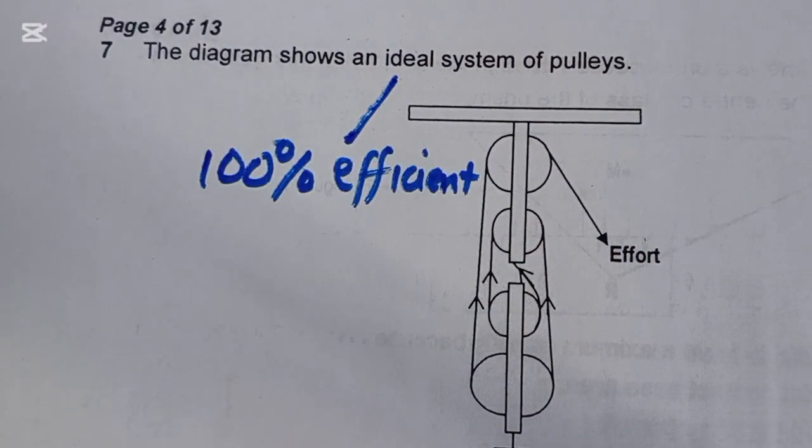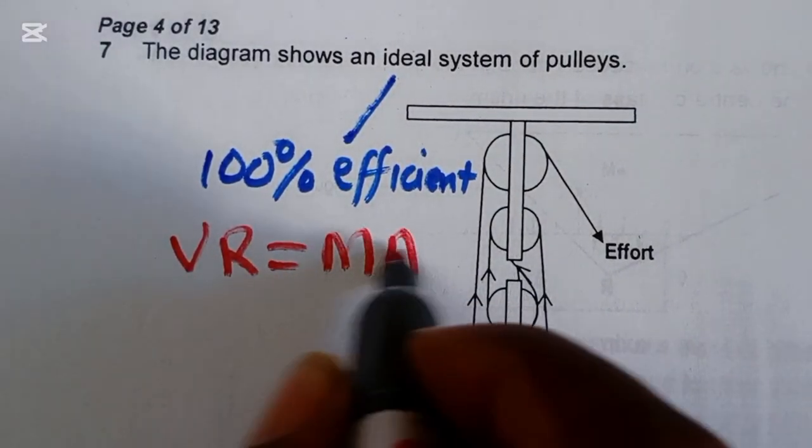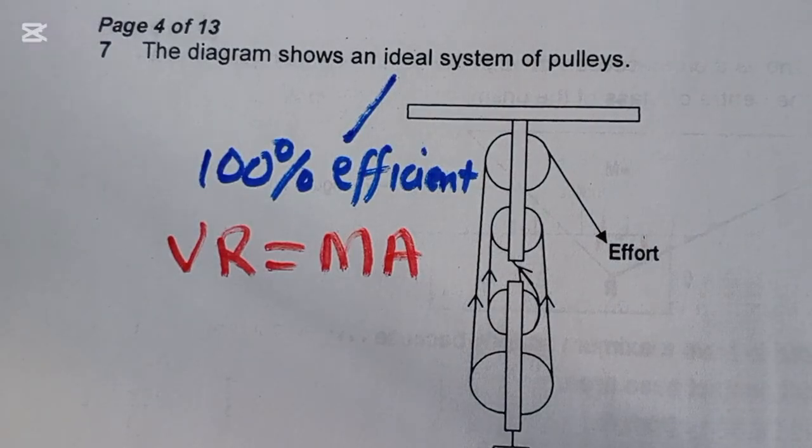If it is 100% efficient, then we can safely say that velocity ratio is equal to mechanical advantage, provided it is an ideal machine or a frictionless machine. A frictionless or ideal machine is 100% efficient. Therefore, mechanical advantage is equal to velocity ratio.